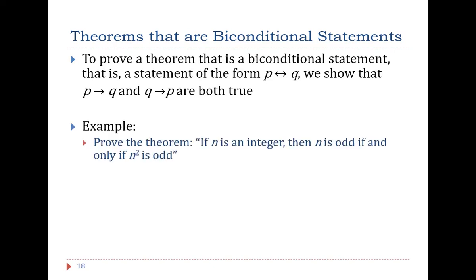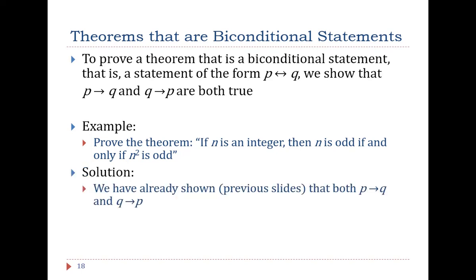So for example, to prove that n is odd if and only if n squared is odd, we did it in two different ways. We proved from n odd to n squared is odd with a direct proof. The other way around, we proved that when n squared is not odd, then n is not odd either. Okay, good.